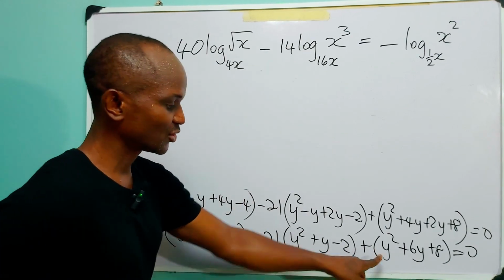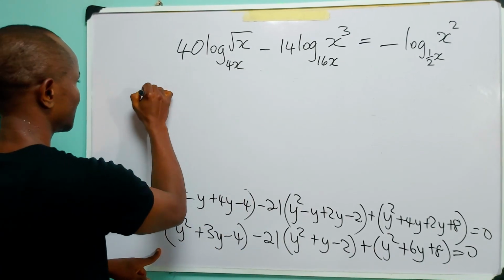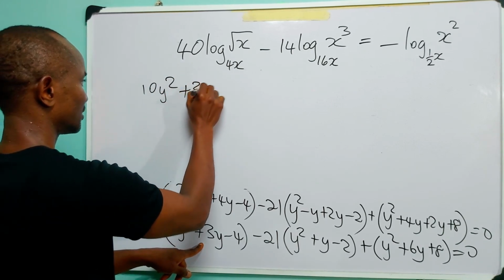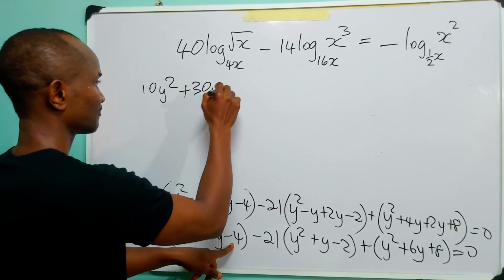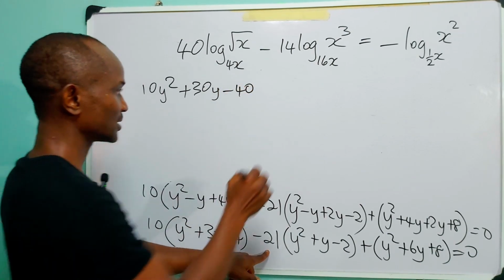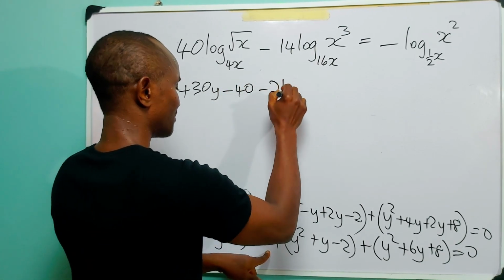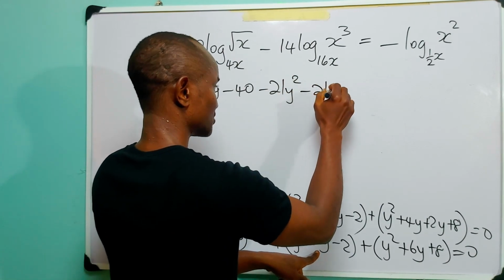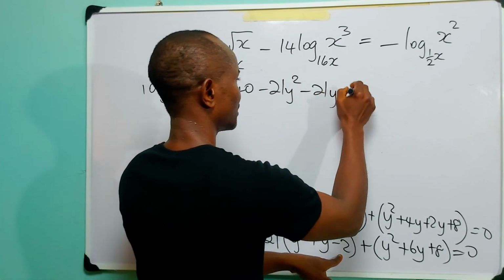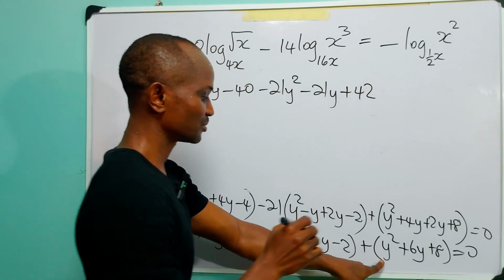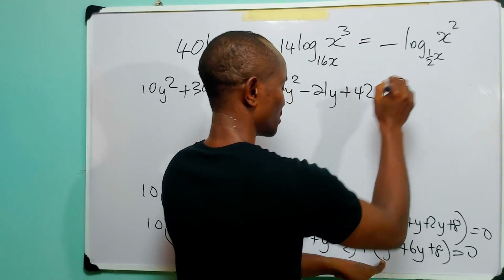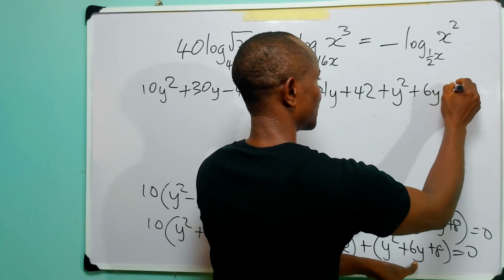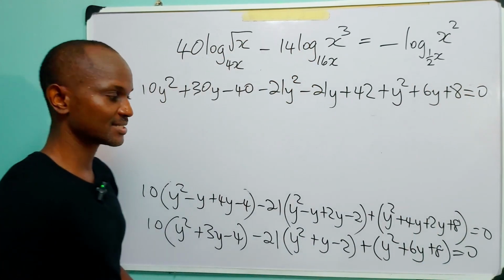Now multiplying by the coefficients, what we have is 10y squared plus 30y minus 40, minus 21y squared minus 21y plus 42, plus y squared plus 6y plus 8 is equal to 0.